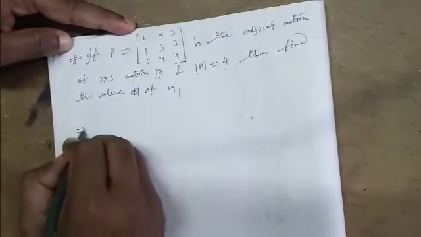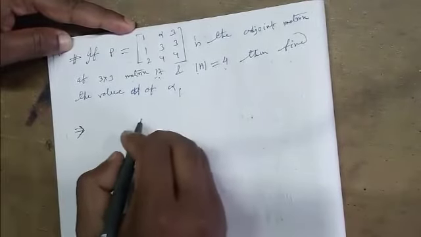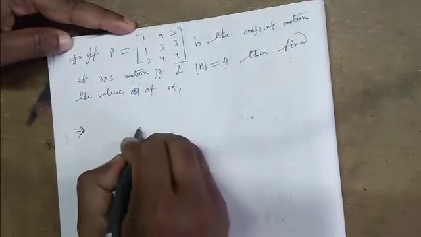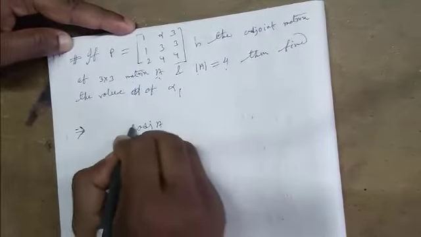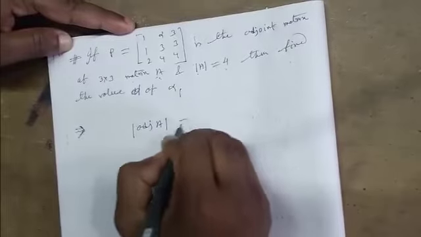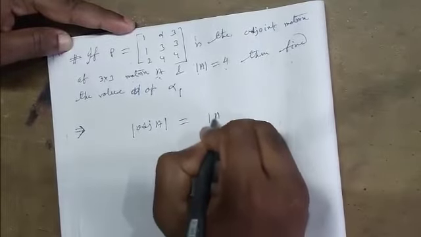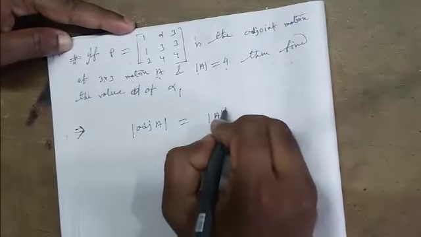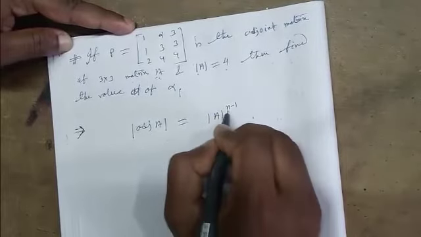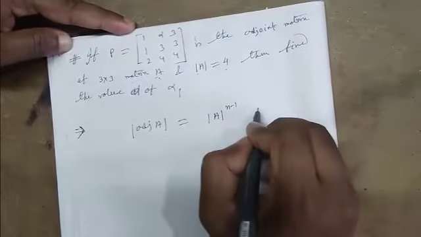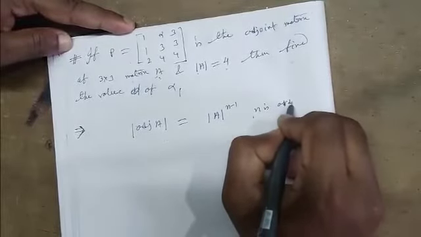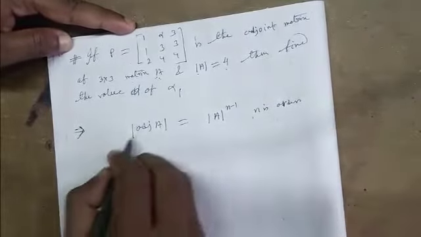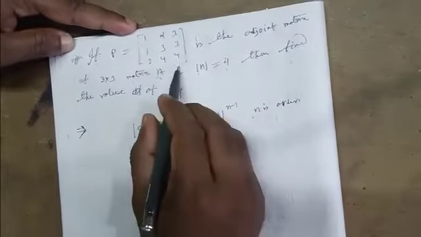We learned the property that determinant of adjoint A equals determinant of A whole to the power n minus 1. What is n? N is the order. Here n is 3.